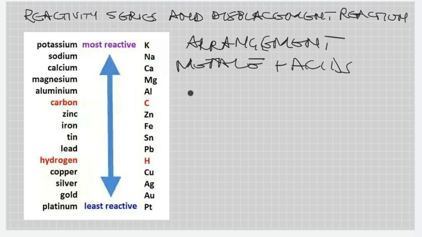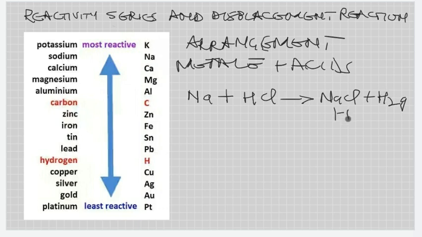Now let us take for example sodium. Now sodium, when it is added to hydrochloric acid, we get a metal salt, sodium chloride, and we also get hydrogen gas. Plus there is also a liberation of some heat, right? Now using the reactivity series we'll try to explain why this happens.